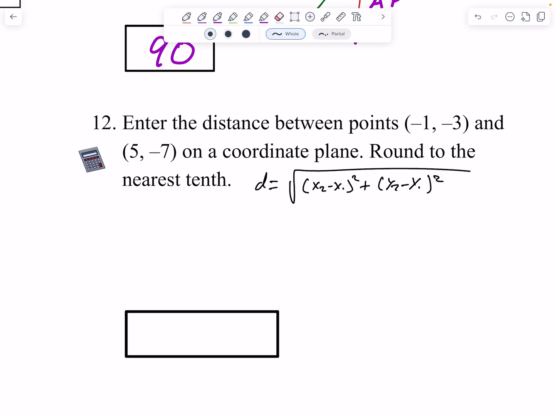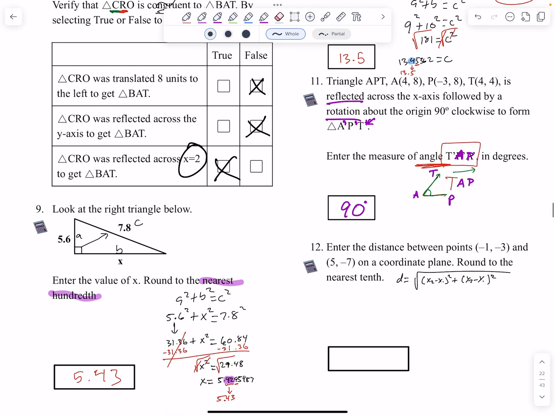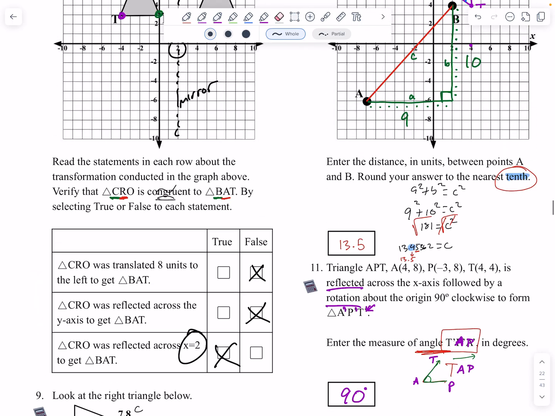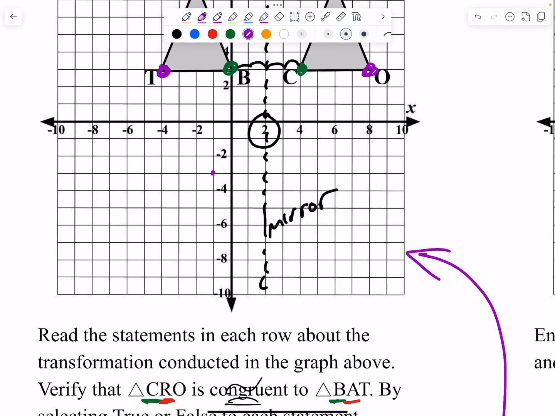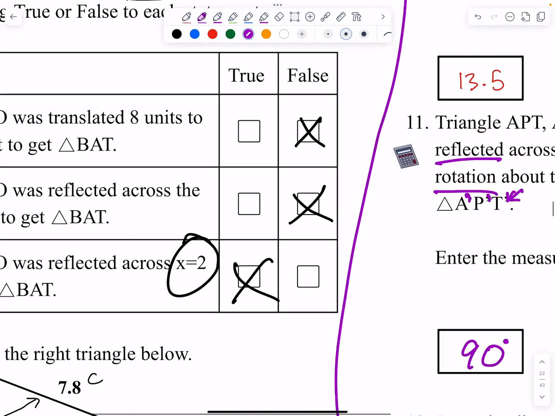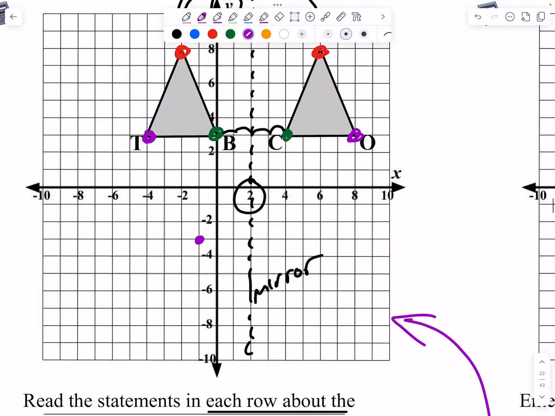I'm going to just draw it on a coordinate plane. And I'm going to use one of those that works. So -1, -3, I guess I'm going to use this one up here. So -1, -3, boom, right there. Then I have 5, -7. So there's 5, -7 right there.